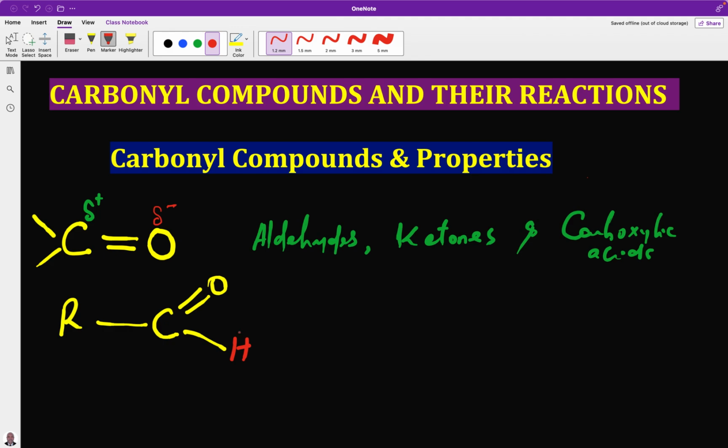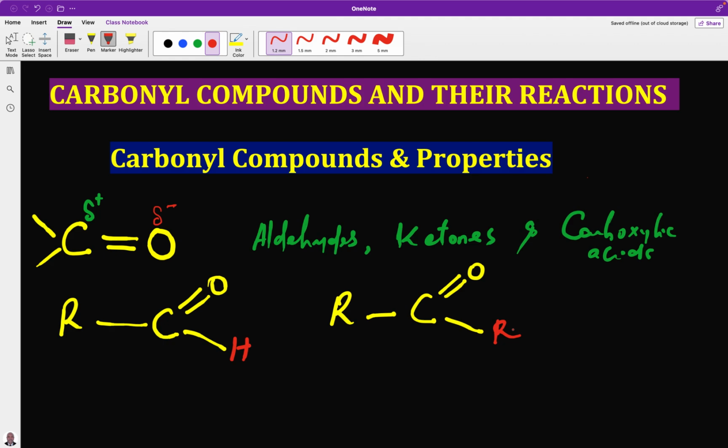But in ketones, the carbonyl group is in the middle of the carbon chain. This is it. That is another one. That is the ketone.